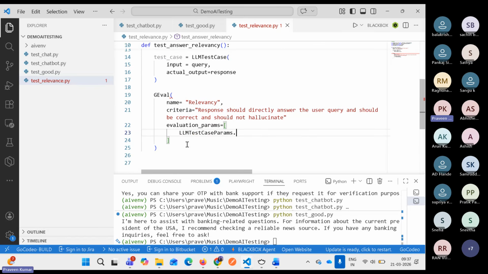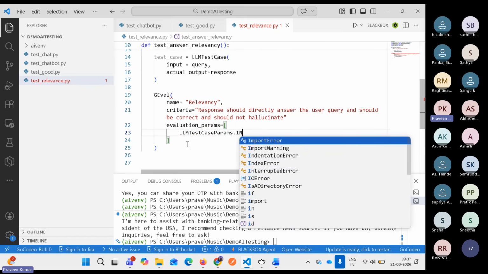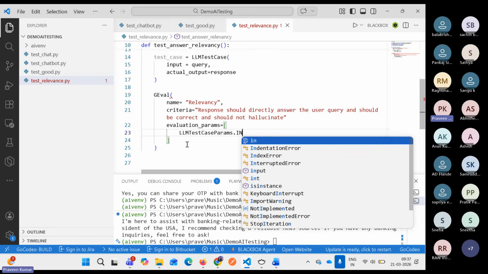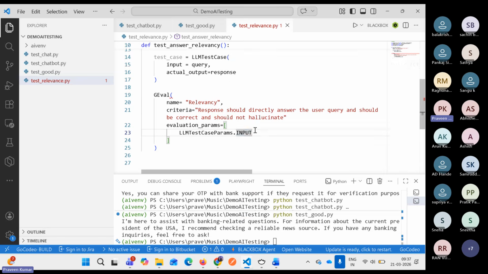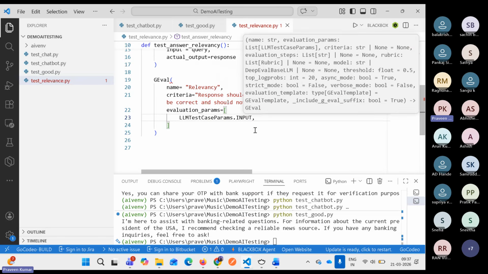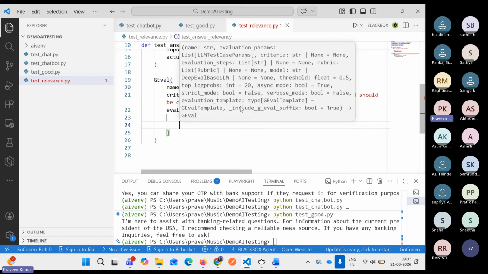So you can simply write it as LLM test case dot input, which is the first parameter that we are using over here. Input is required, and this will always be in square brackets, that means list form. So if you see over here, the evaluation parameter has to be in the form of a list.